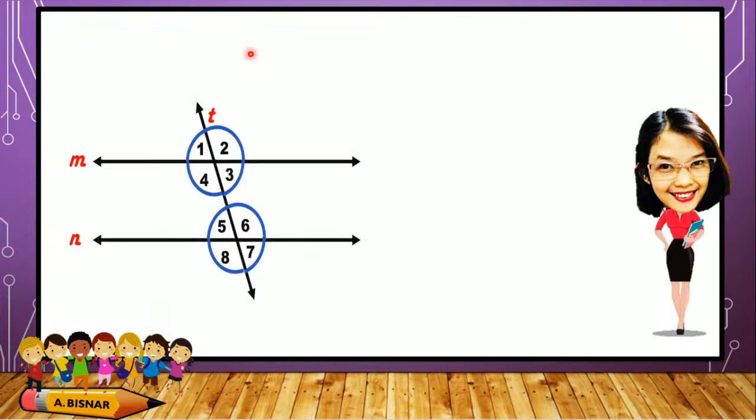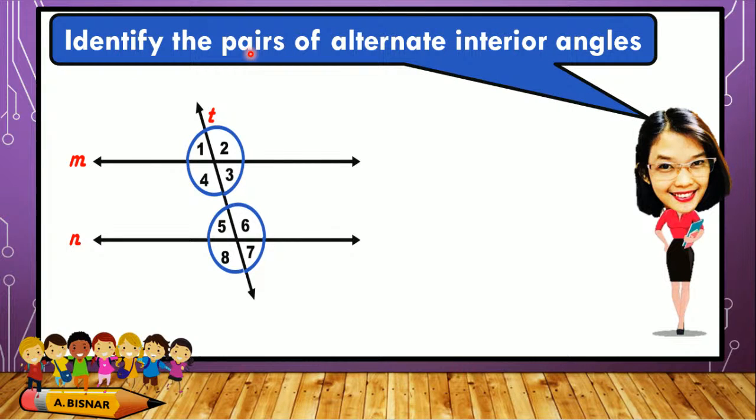Now, with this one, let's try to find out if you have really learned what we have discussed. Identify the pairs of alternate interior angles. Ano na nga po uli yung pairs ng alternate interior angles? Let's just try to check.